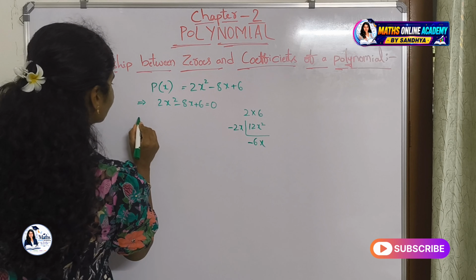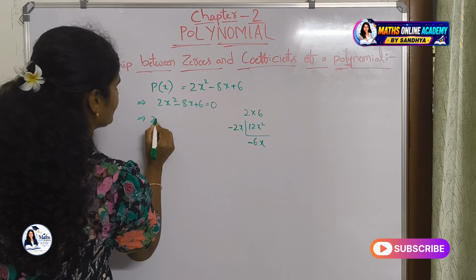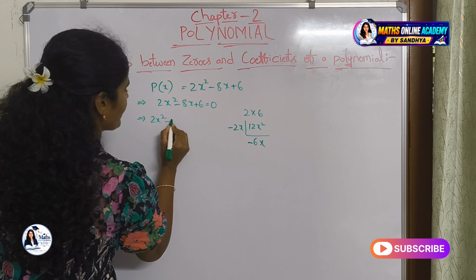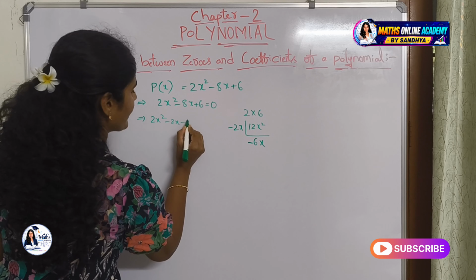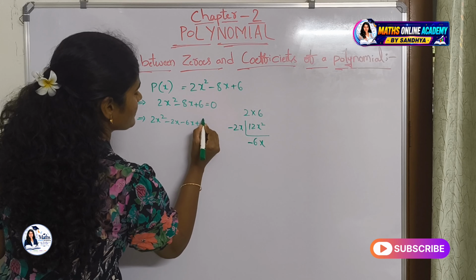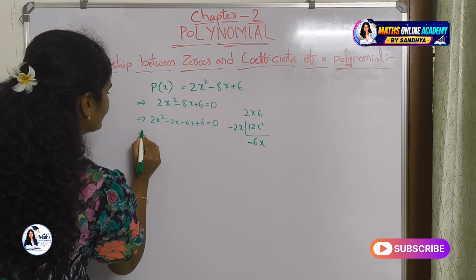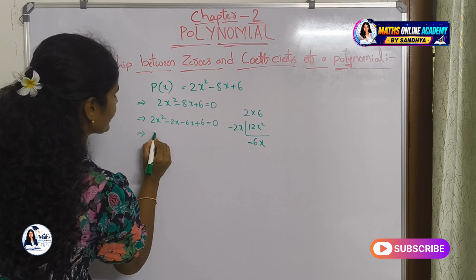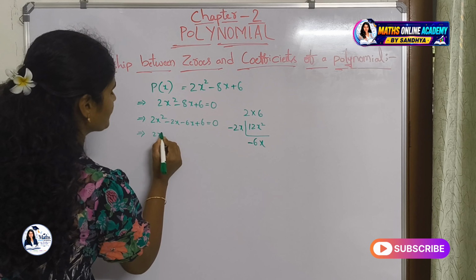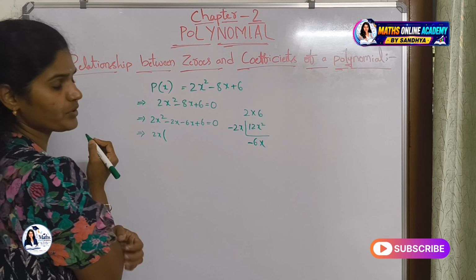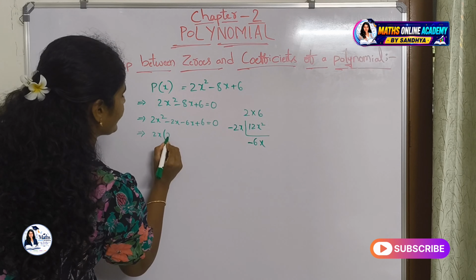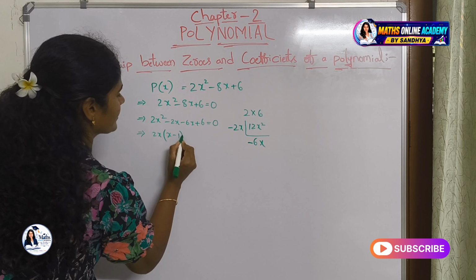So write down 2x square minus 2x minus 6x plus 6 equal to 0. In the first two terms you take 2x common. If you take 2x common, what do you get? x minus 1.